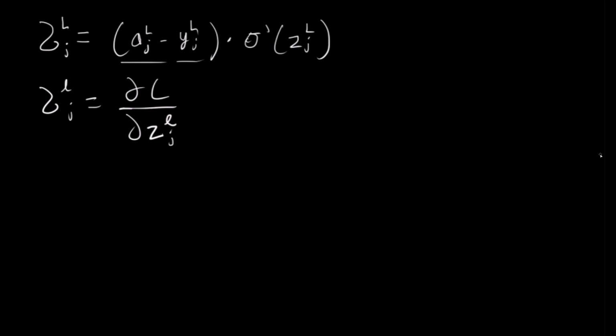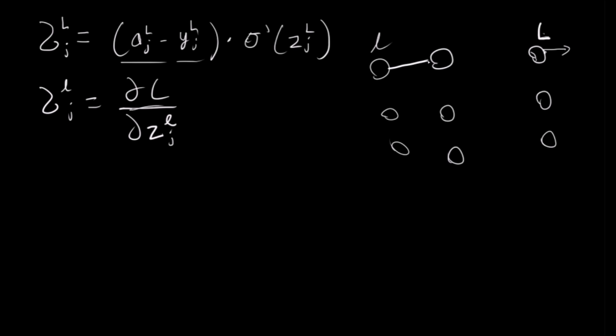notably more complicated, because now we have to observe that in the last layer, changing a single neuron only affected the output directly, because it doesn't feed into anything; it just feeds directly into the output. So changing a neuron in the last layer wasn't going to do much. But if we change a neuron in an arbitrary layer L, lowercase l, let's just say we change this one right here.